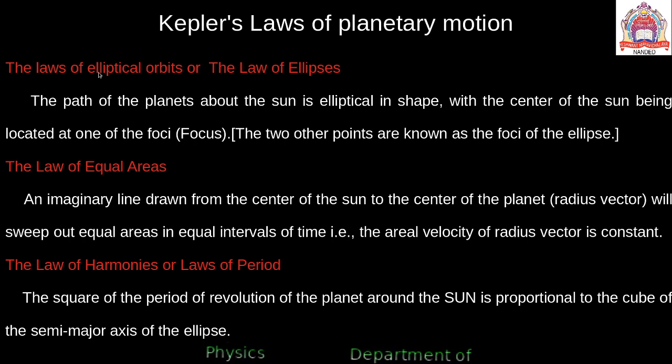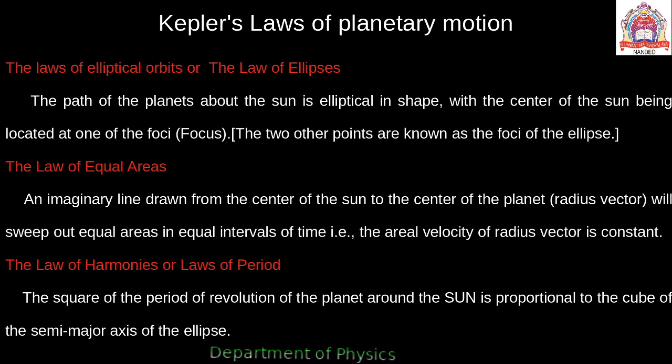According to the law of elliptical orbits, the path of the planet about the sun is elliptical in shape, with the center of the sun being located at one of the foci. The foci are the two special points of the ellipse.